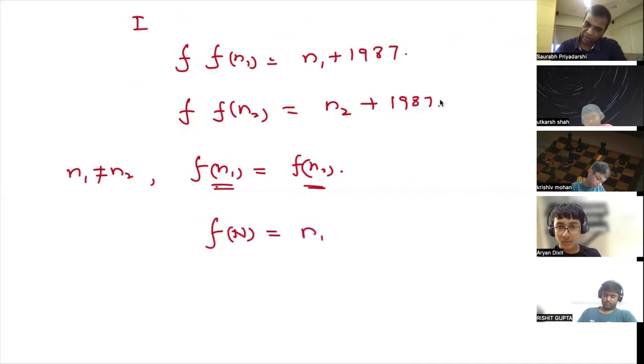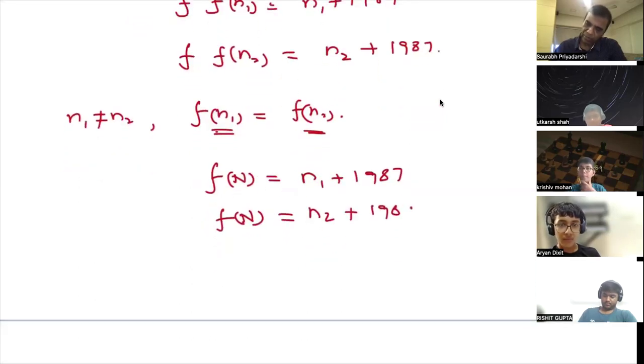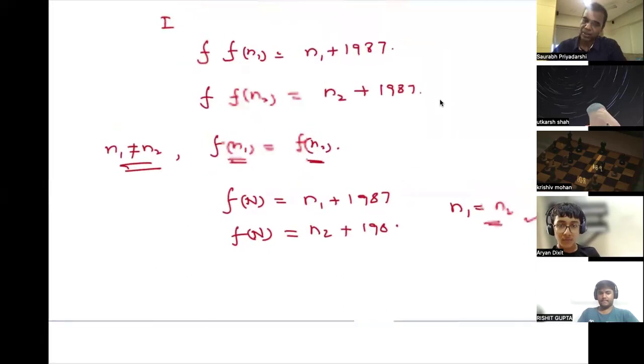So f of n is n1 plus 1987, or f of n is n2 plus 1987. If I equate both, I'm getting n1 is equal to n2. Our claim was that n1 is not equal to n2, and I'm getting n1 is equal to n2. Means this function must be injective.